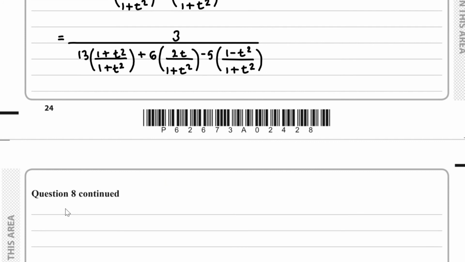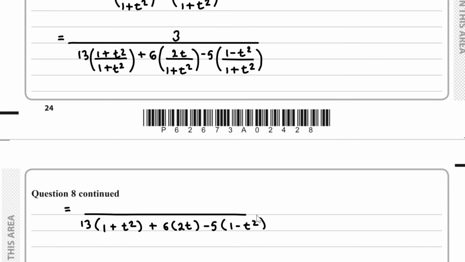And if we do that, well, on the bottom we'd have 13 lots of 1 plus t squared plus 6 lots of 2t minus 5 lots of 1 minus t squared. And on the top we have 3 lots of 1 plus t squared.